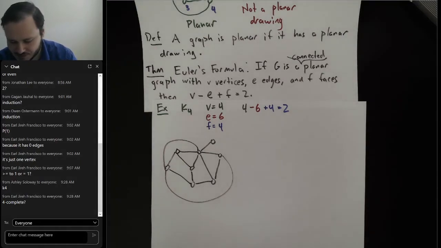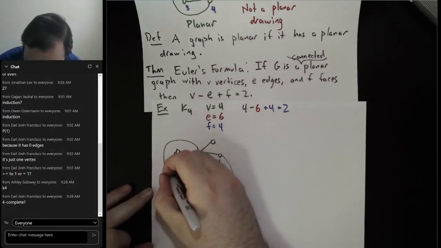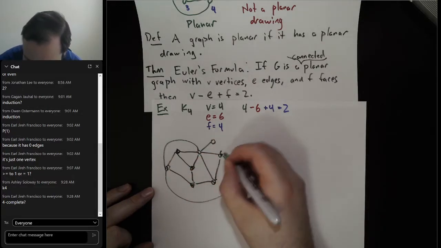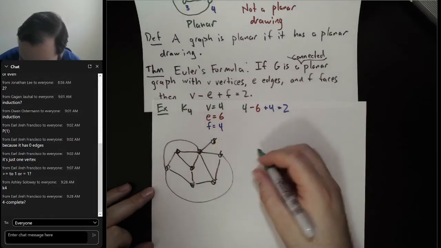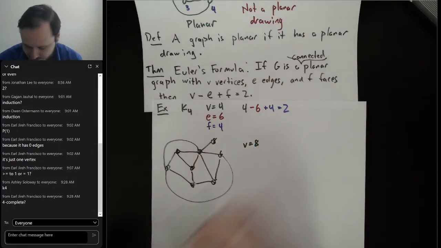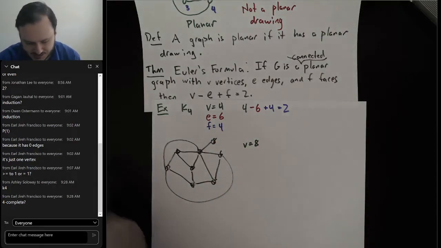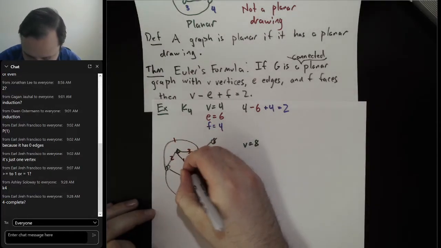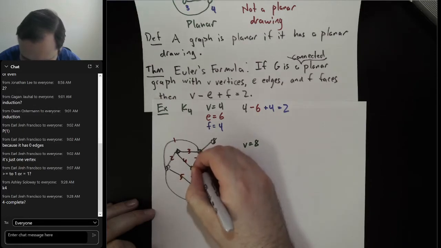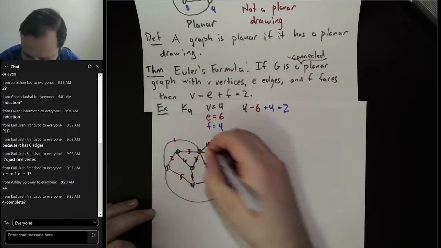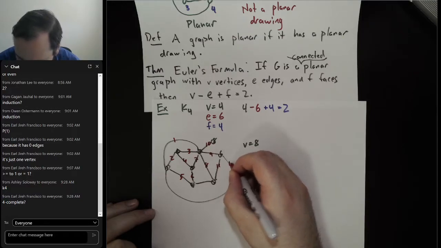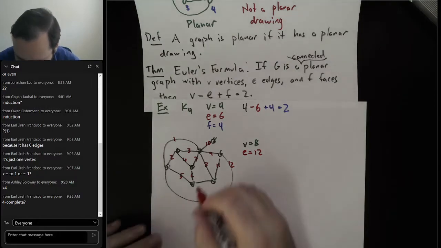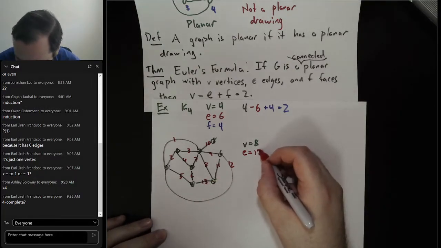So how many vertices? I have 1, 2, 3, 4, 5, 6, 7, 8 vertices. How many edges? I have 1, 2, 3, 4, 5, 6, 7, 8, 9, 10, 11, looks like 12 edges. Nope, 13, missed one.